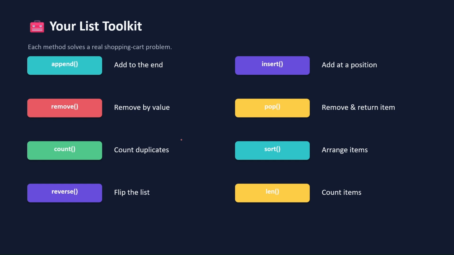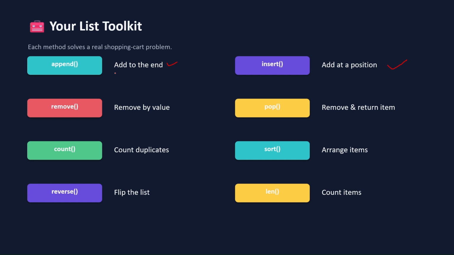These are the methods used to solve a real shopping cart problem. The first method we are going to use is the append method. Append is used to add to the end of the list, and insert is used to add at a position.